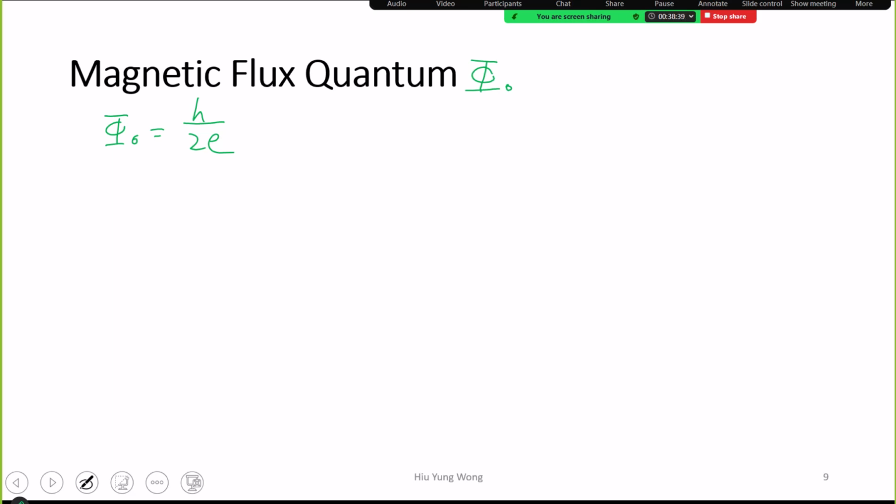We did not study carefully what magnetic flux is. I assume you know, but basically flux equals the magnetic field times the area it goes through. Can you reduce it to almost zero? No, there's a quantum. The basic quantum is h divided by 2e.